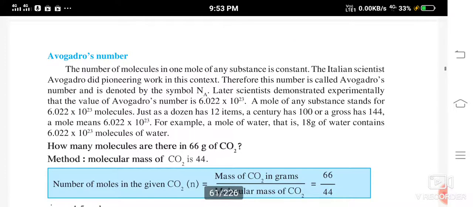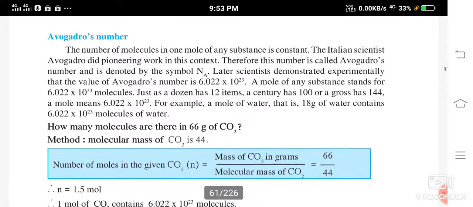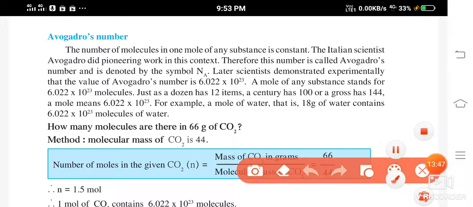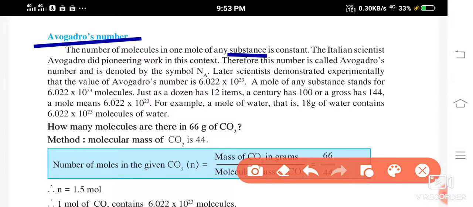Now Avogadro's number, the number of molecules in 1 mole of any substance, is constant. So what is this Avogadro number? The number of molecules in 1 mole. If you take any substance and take 1 mole of that substance, the number of molecules is going to be the same. It's going to be constant. The number of molecules in 1 mole of that substance is not going to change.